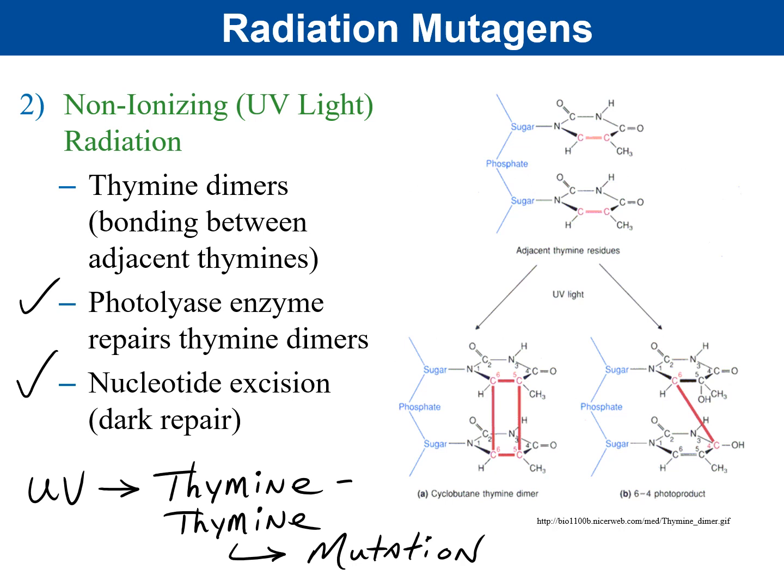Beyond photolyase, which is activated by cells being exposed to sunlight, you have these backup mechanisms for repair, in which whole sections of DNA may be identified as mutated and then cut out, filled back in, and repaired through a process called nucleotide excision. The details of that were gone over in lab as well during the UV light section. So you can refer to that if you would like more information on that mechanism.